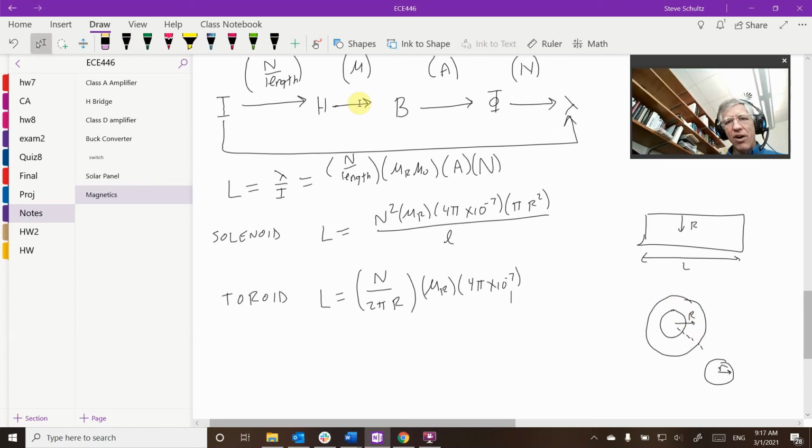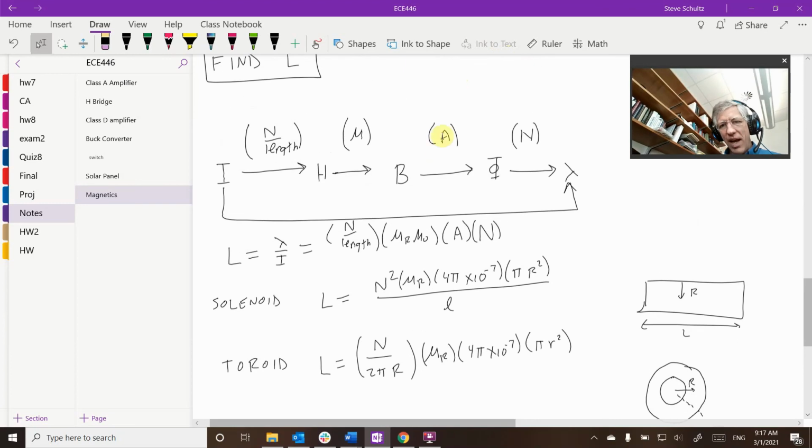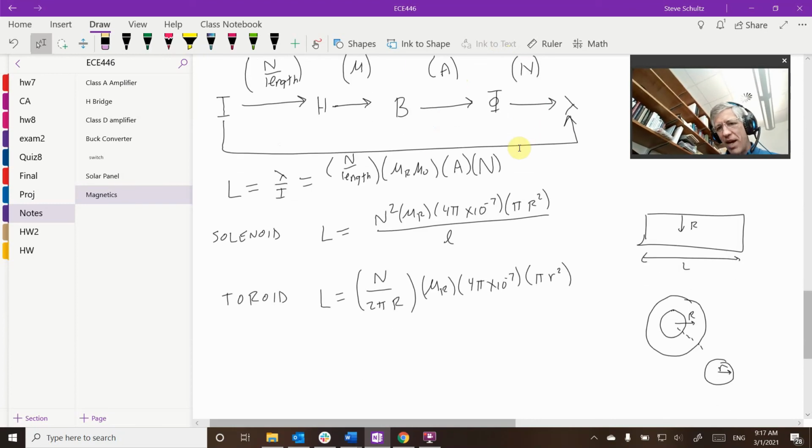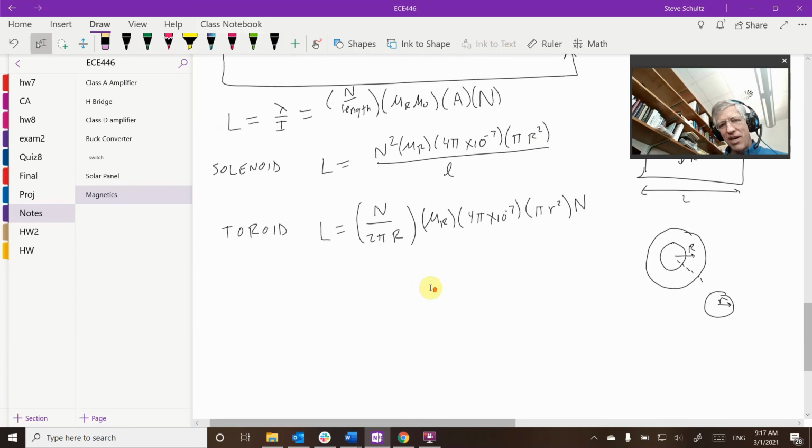Okay, so now I'm at the B. Now I'm going to multiply it times my area, and my area is pi little r squared. Then I'm at my flux, and then I multiply it by N. Then I divide out my current, and so everything works out.